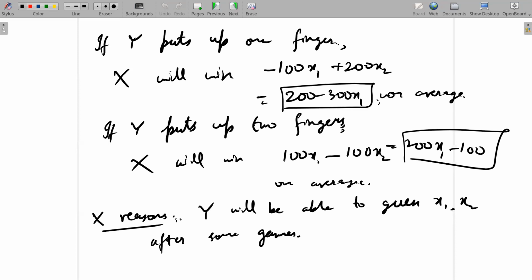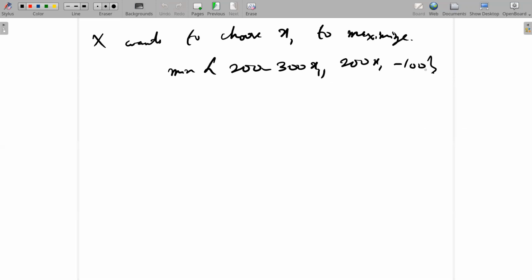After y figures out the strategy, whichever is more favorable, y might choose that. So if y puts up one finger, y realizes, okay, I'll be giving this, but if I put up two fingers, I'll be giving x this much amount. So I want to minimize that. So in that case, y will choose to minimize that. But then what x wants is, okay, y will do that. So from that minimum, I want to maximize that minimum. So I want to maximize this value.